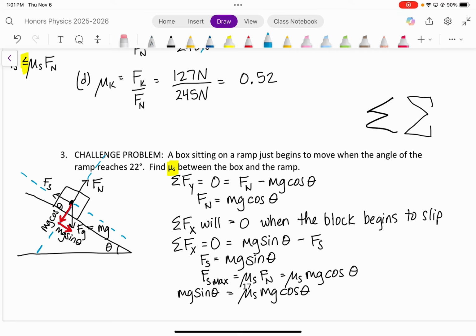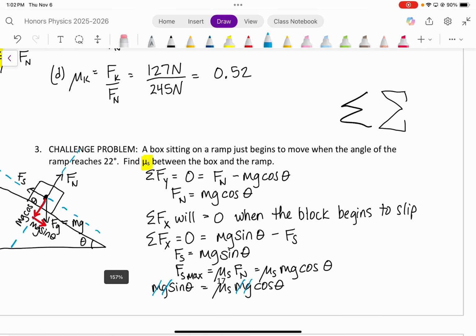I can cancel. What can I cancel? M and G, because mg shows up on both sides of my equal sign. Would it be the 22, or can't you cancel it? We're not there yet.